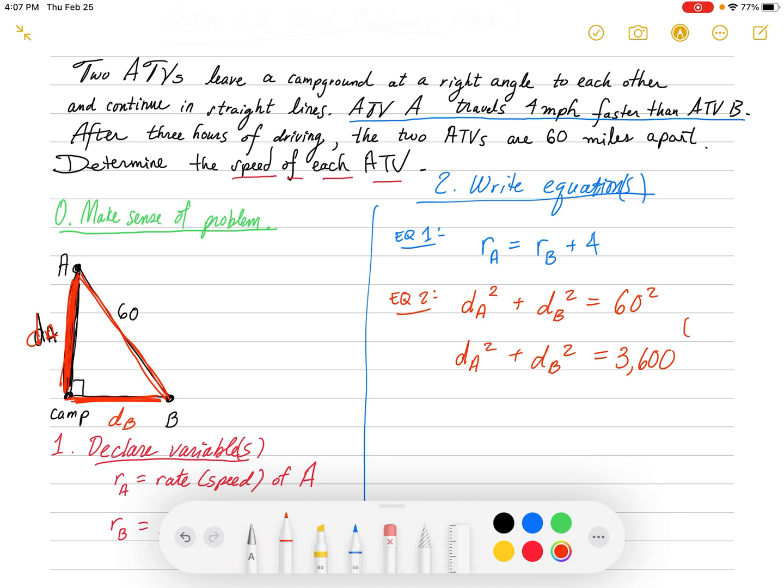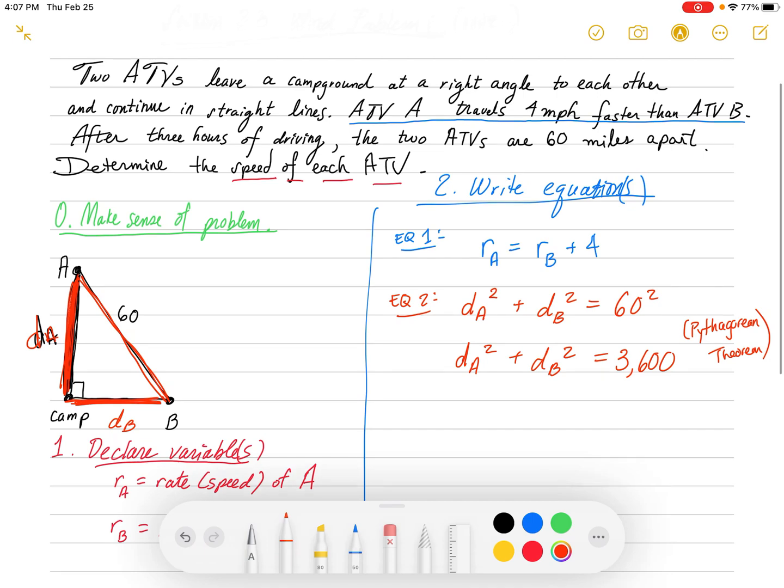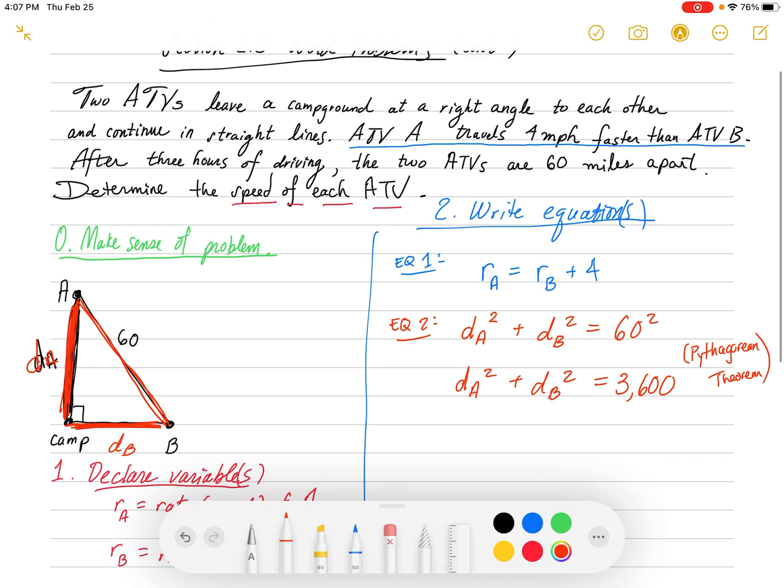So that's something we have to know from the Pythagorean Theorem. There are some other equations we can come up with.